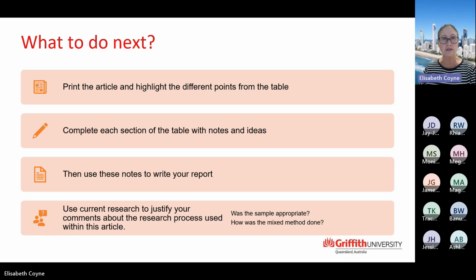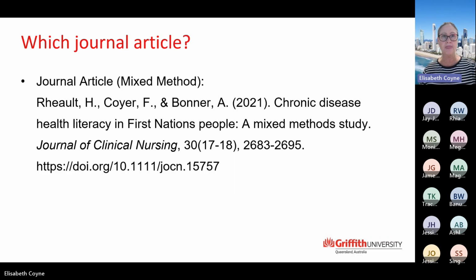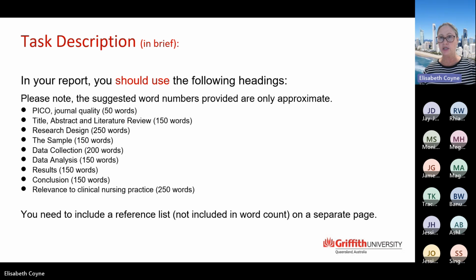Can data, so data integration, I'm not quite sure what you're meaning by that. Data analysis would be in the data analysis section. Data integration is where they bring the quantitative and the qualitative data together.